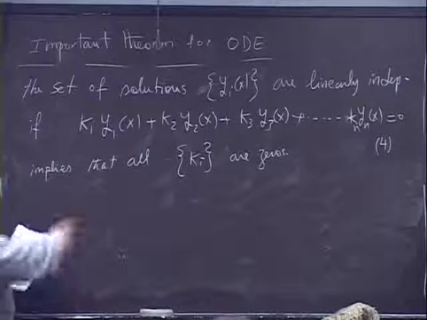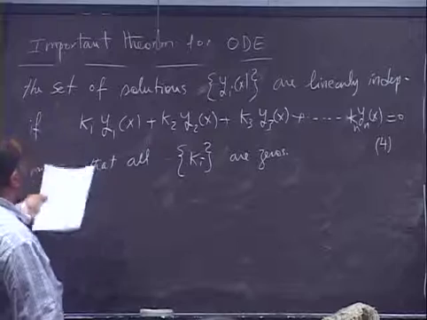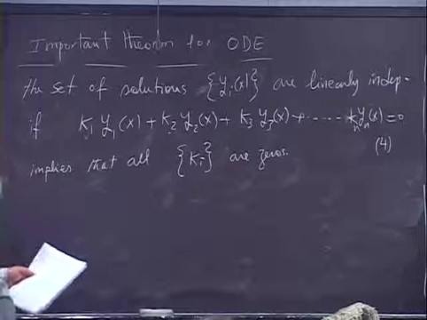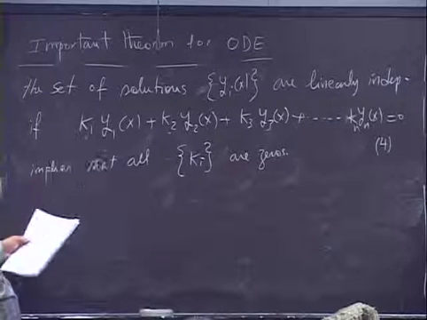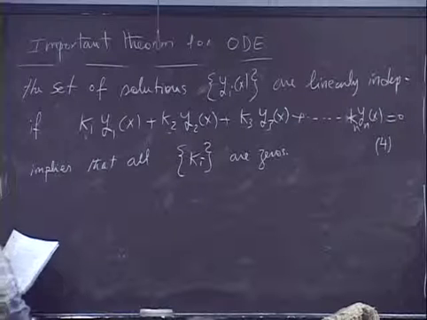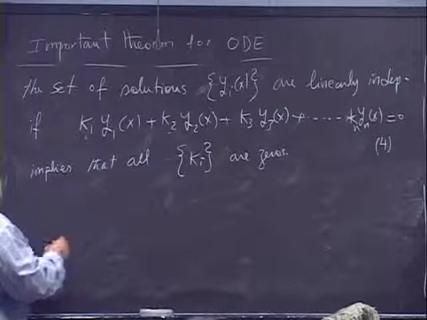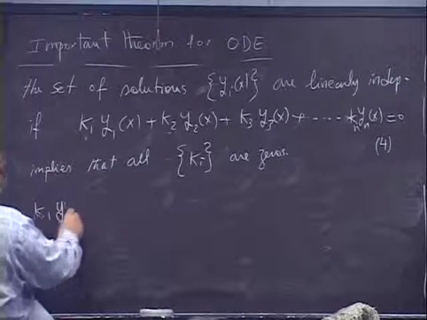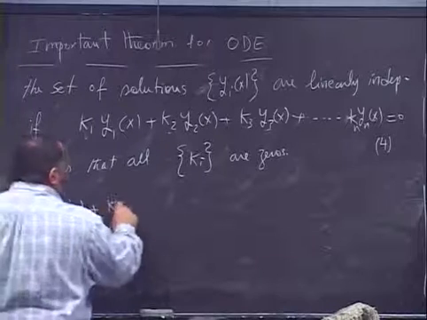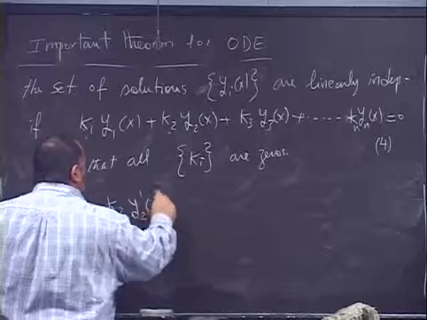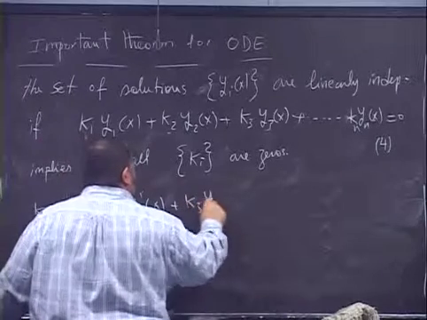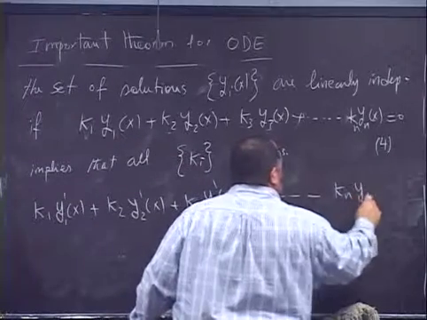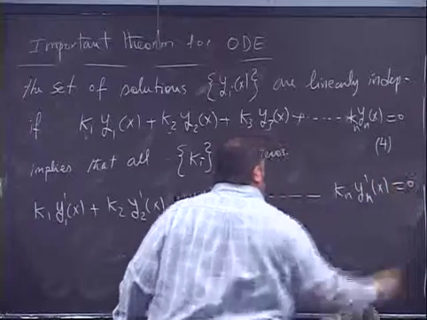So let's try to solve equation number 4 for the ki's. If we want to get k1, k2, k3, what's the condition for those k's so that these will be linearly independent solutions? If we differentiate number 4 once, this will give us k1 y1 prime of x plus k2 y2 prime of x plus k3 y3 prime of x plus kn yn prime of x equal to 0.